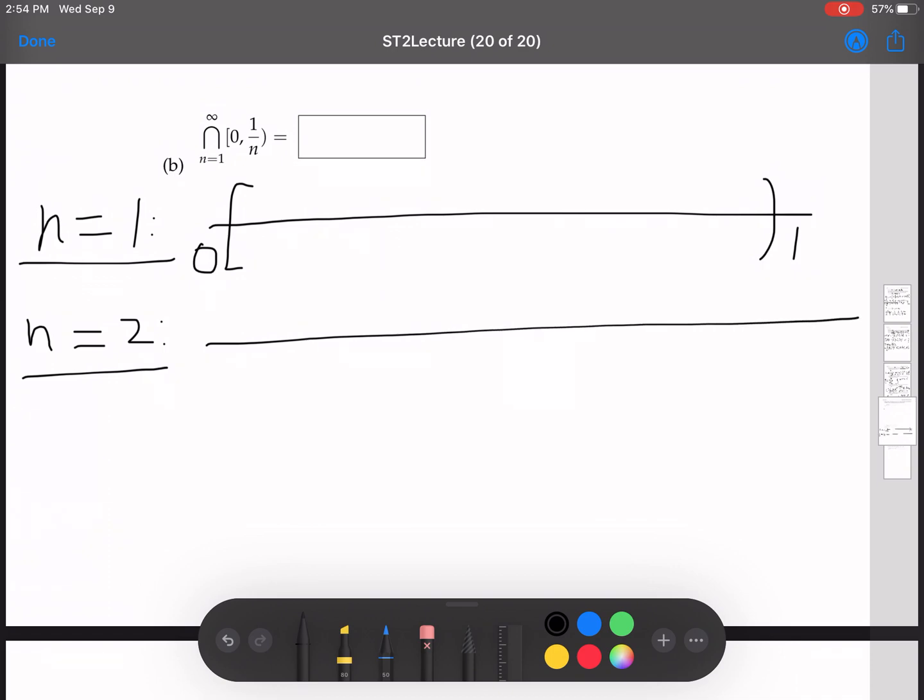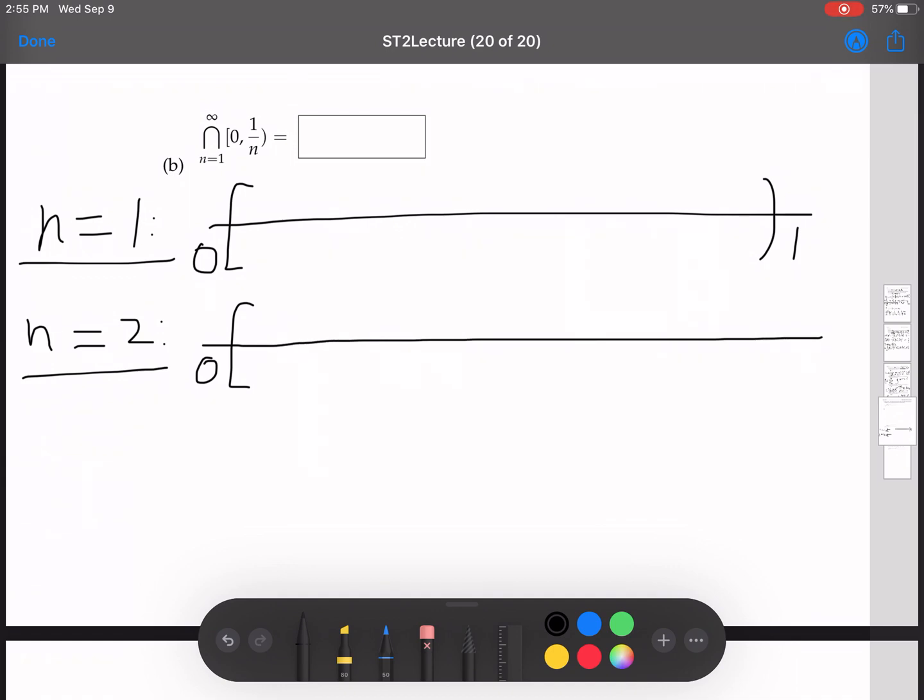We have the interval from 0, I'll put 1 in for reference there.